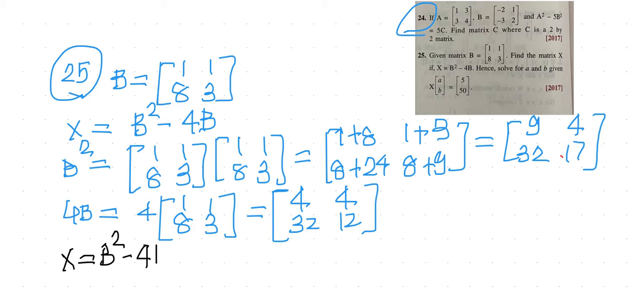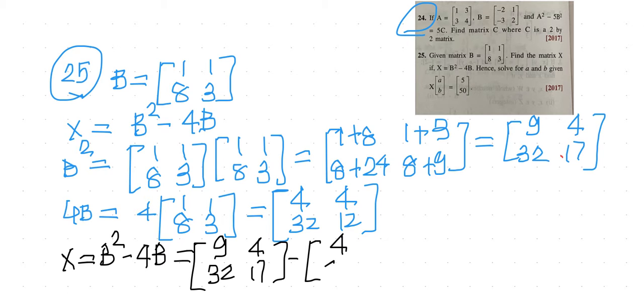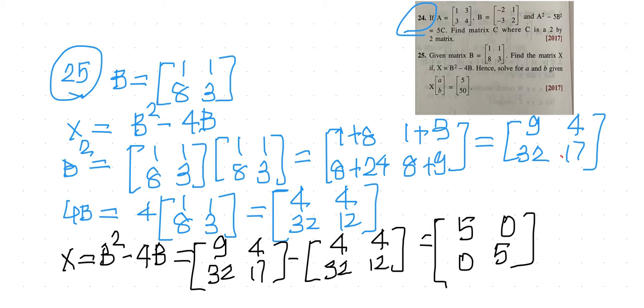So B square is equal to [9, 4; 32, 17] minus [4, 32; 4, 12]. So how much you are getting, children? You are getting 9 minus 4 is 5, 4 minus 4 is 0, 32 minus 32 is 0, 17 minus 12 is again 5. So [5, 0; 0, 5] is the value of X that you are getting.